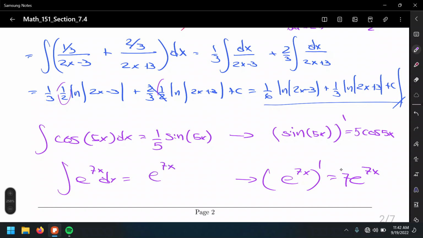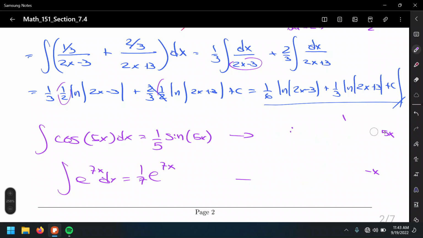However, in the derivative we multiplied by this constant here. What would we do in the integration? Isn't it the division, or multiplication by the reciprocal? Because that's the inverse operation of the multiplication. So in this case, this is what I did here. I just went e to this quantity right here times 1 over the coefficient of x.